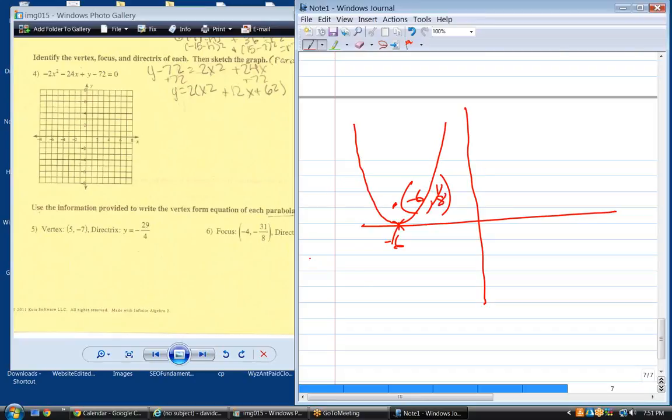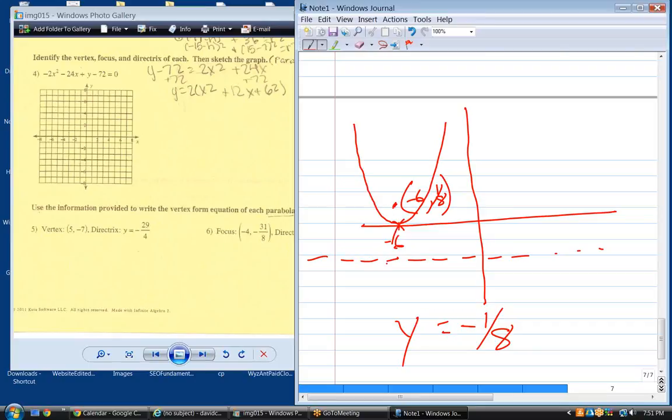So the directrix, which is always the equation of a line, what's the equation of this dotted line here? Y equals... Negative 1/8. In other words, the distance from the vertex to the directrix is the same as the distance from the vertex to the focus.